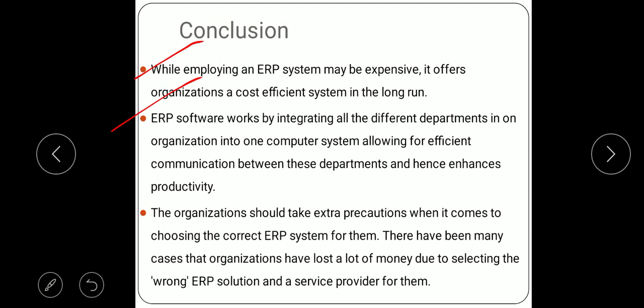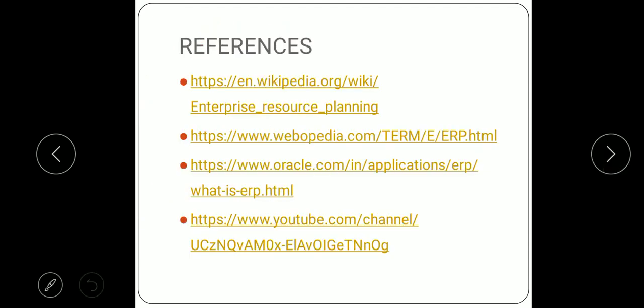There have been many cases that organizations have lost a lot of money due to selecting the wrong ERP solution and a service provider for them. So these are all about the basic idea of ERP and what is the advantage disadvantages of ERP system.